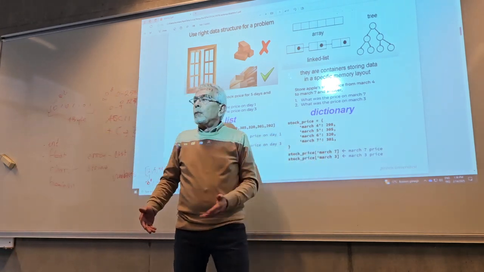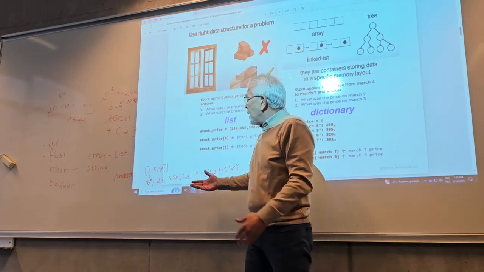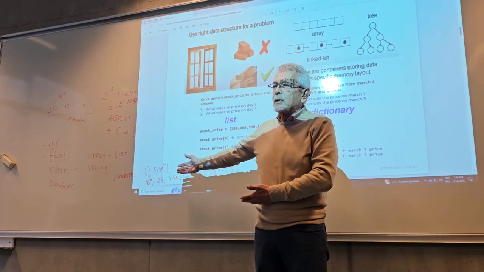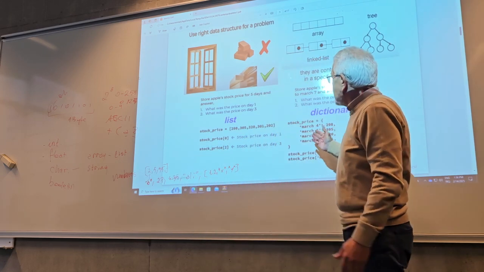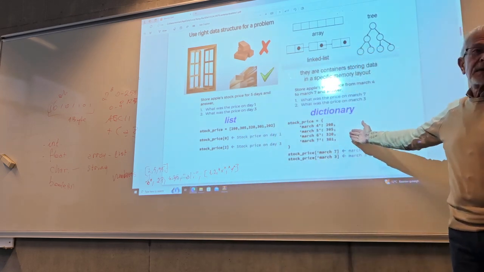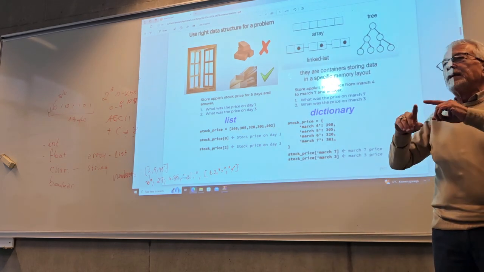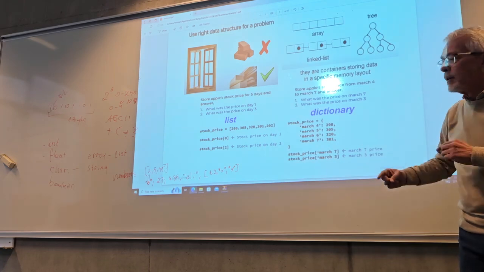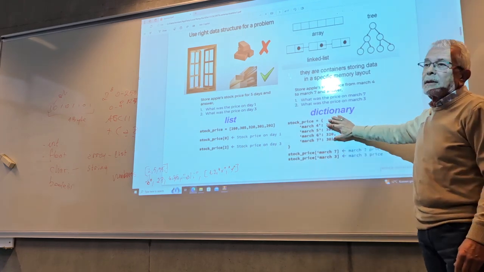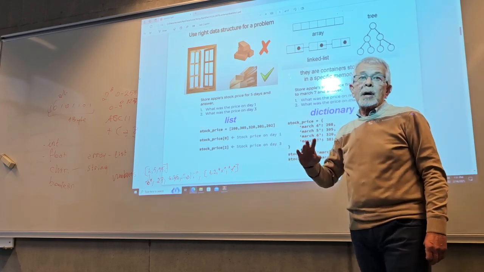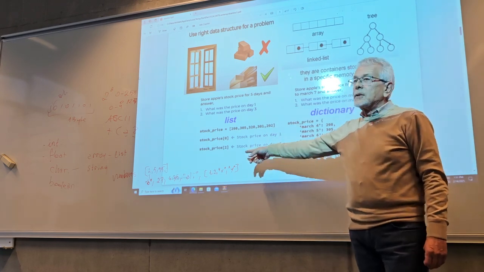So why do we have such a flexible data structure as list data structure in Python? Why should we use such a dictionary data structure? Well, actually, I'm not going to go into the depth of the explanation, but I can tell you that this data structure is much faster than this one.